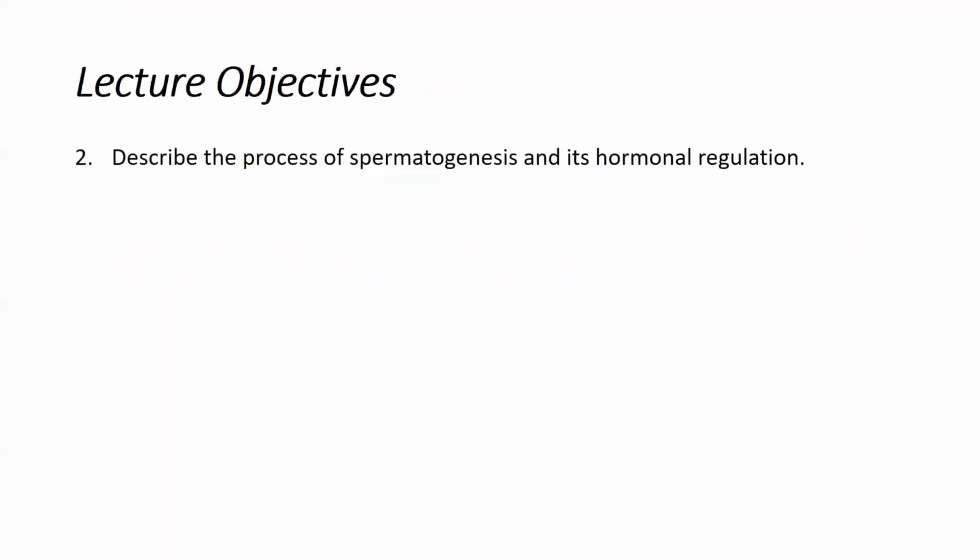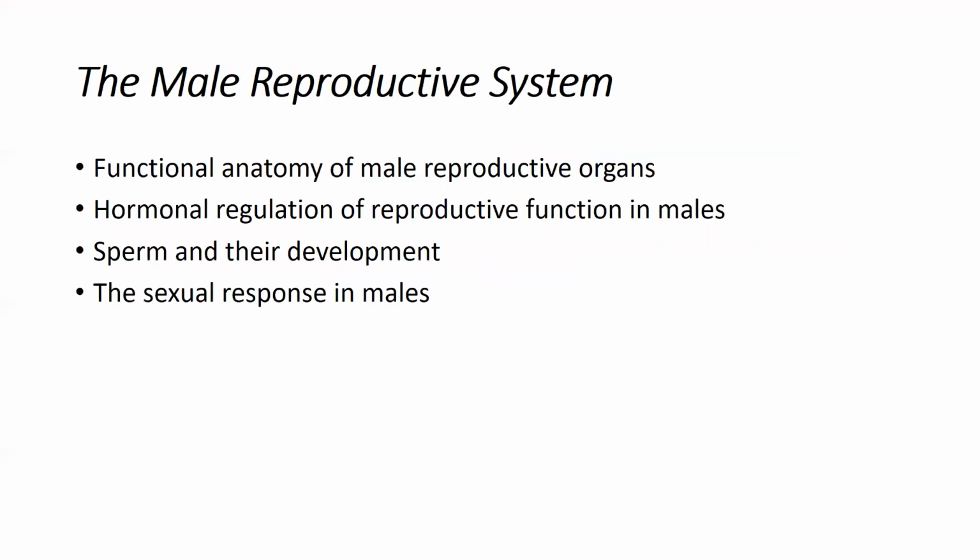All right, let's talk about the process of spermatogenesis and the hormonal regulation of spermatogenesis. Here we'll discuss the anatomy of the male reproductive organs. This should be a review class at this point, so we're really going to glide right over the anatomy. Then we'll talk about hormonal regulation in males, so basically how the hypothalamus, the pituitary, more specifically the anterior pituitary, and the testes have this relationship where they balance hormones in order to bring about reproductive function.